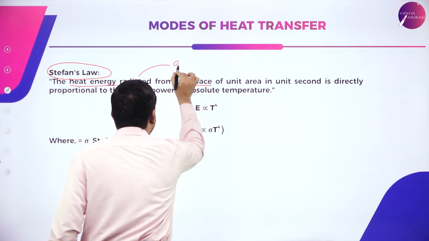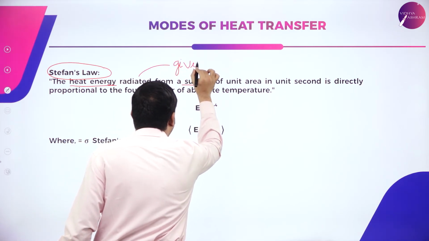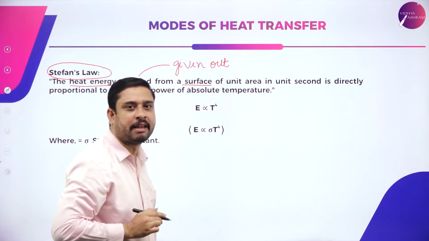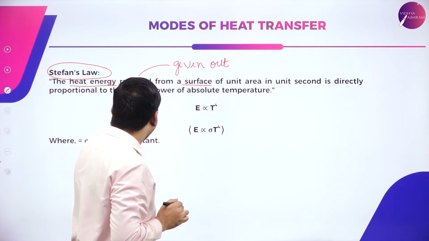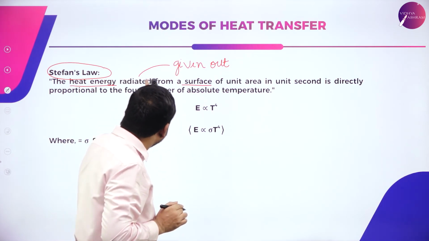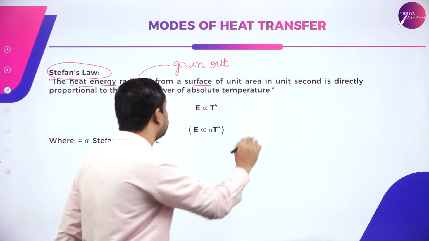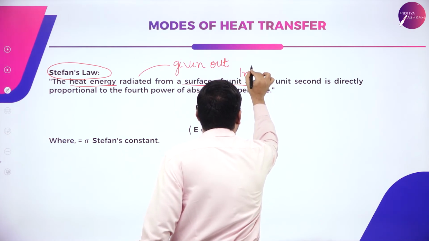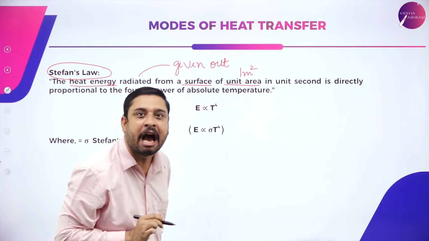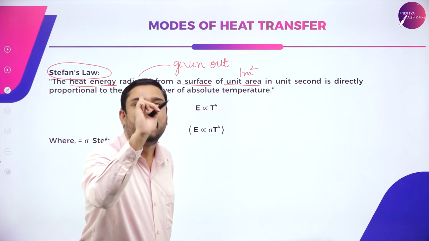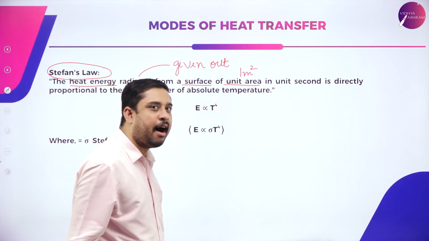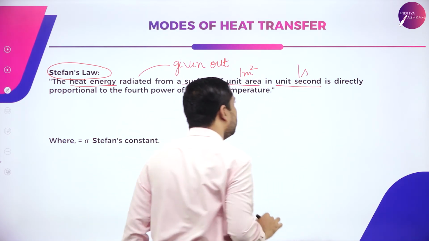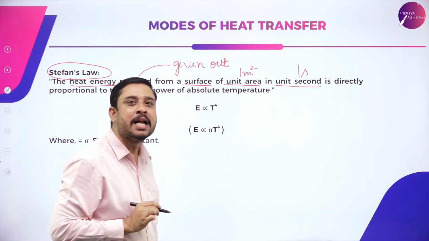Radiated in simple terms means given out or coming out. Heat energy radiated from a surface of unit area. The surface should have unit area. Unit means 1 meter square area in unit second. Unit second means 1 second.